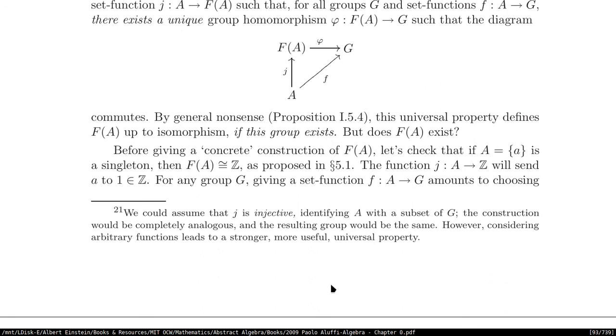Because it's not the identity on the set, it is the 1 in Z. I mean, it's the identity anyway, but it's still one number, an integer.